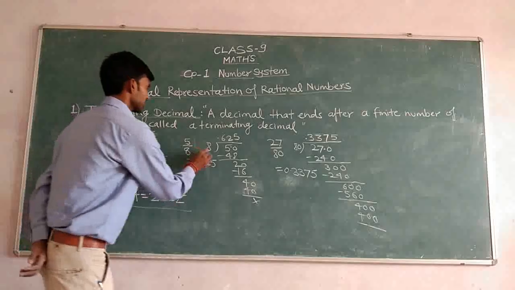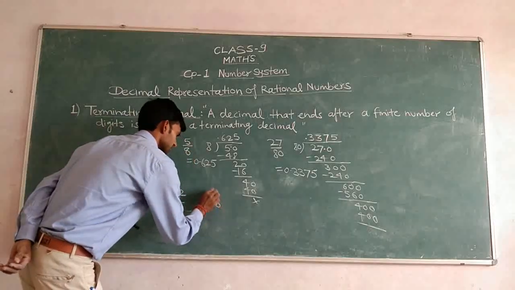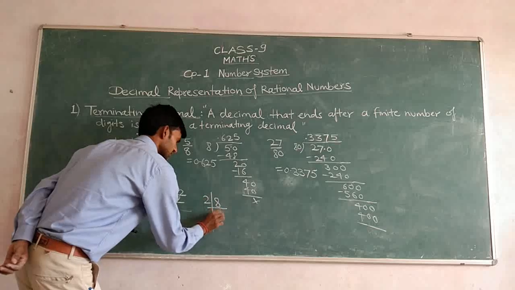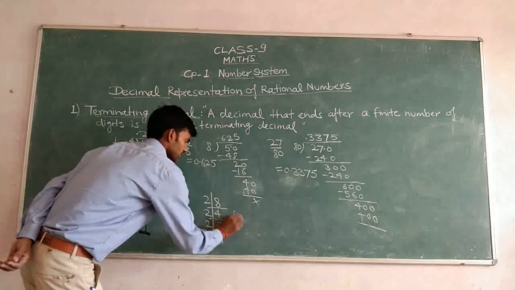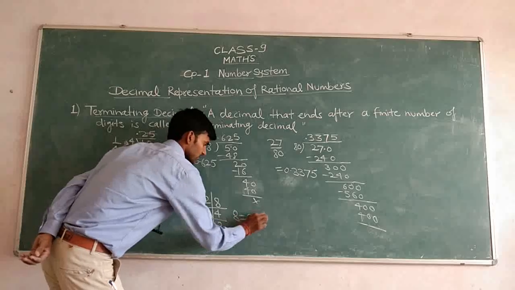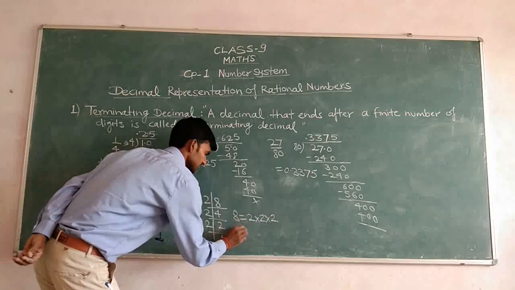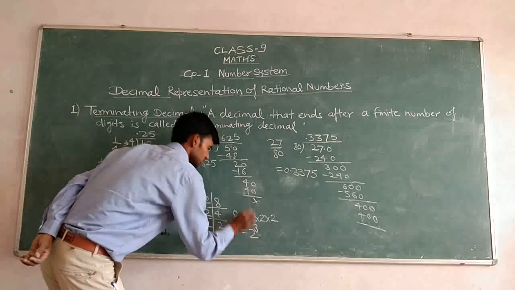Clear? Here the denominator is 8. We factor 8 and you get 2 into 2 into 2, which means 2 to the power 3.